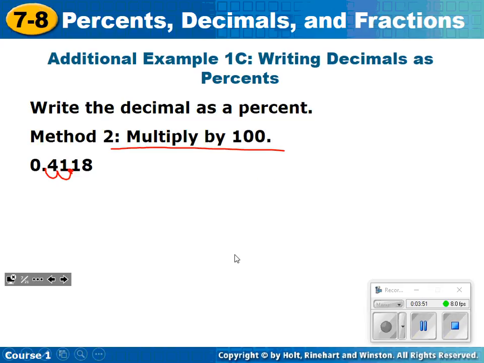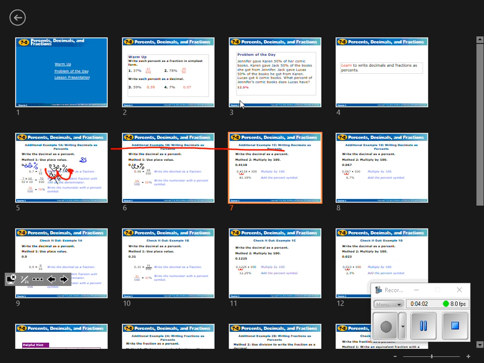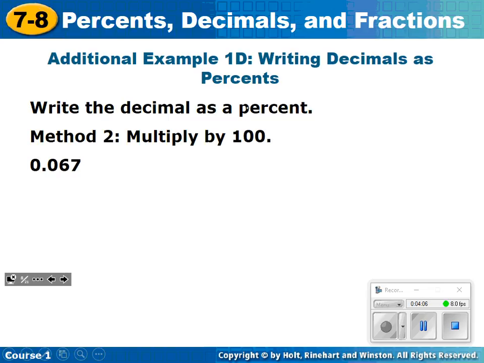By the way, what does percent mean? The word percent. I said it in my video on Thursday. What does percent mean? Out of 100. Out of 100. What is this one as a percent?